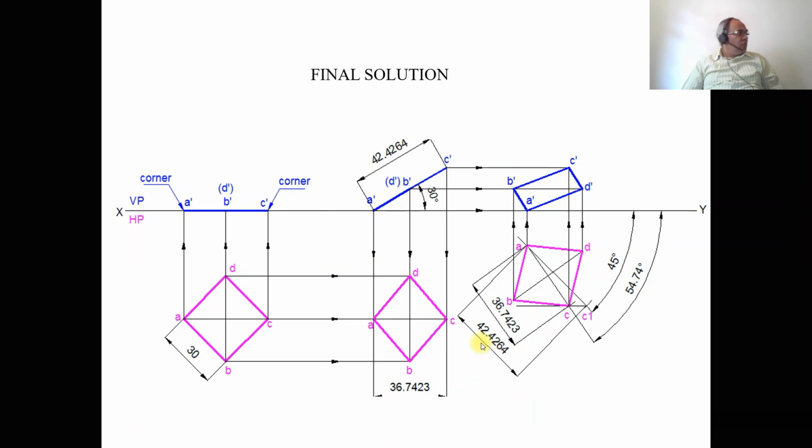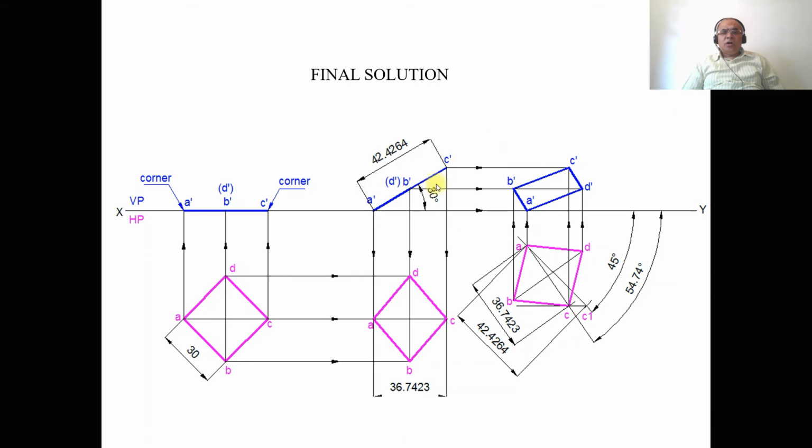Once you do that, you measure the distance from this point to B and also from this point to D. Both these two lines will have the same distance, so transfer from this point towards the left side to get this point B, and towards the right side to get this point D. You mark these points as B and D. Then join A to B, B to C, C to D, D to A with a dotted line.